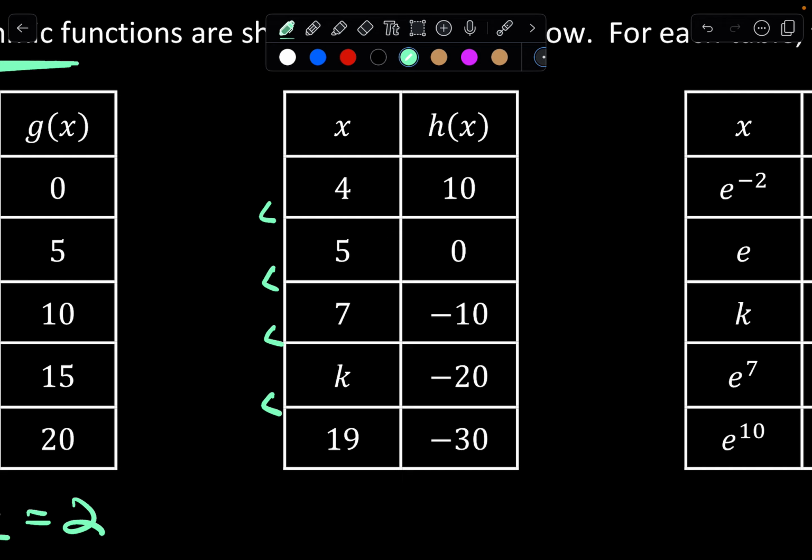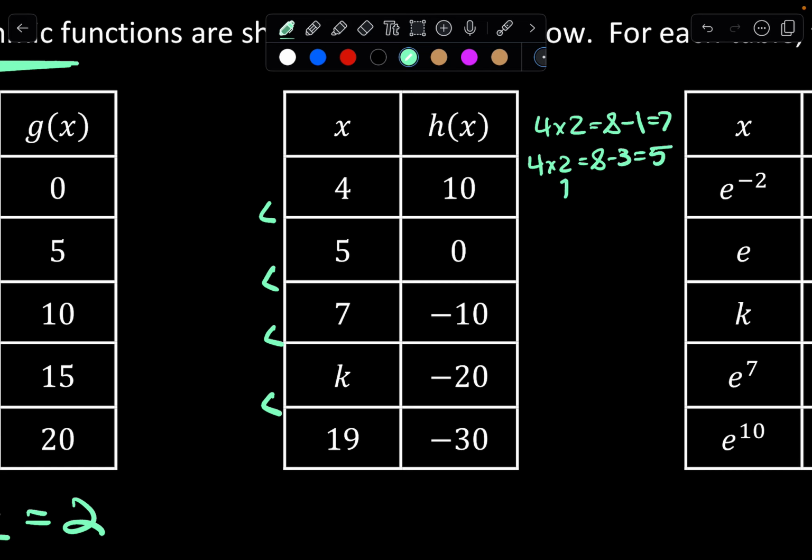So let's try multiplying by 2 and maybe subtracting 1. So I can do 4 times 2 is equal to 8. Minus 1, I get 7, okay? Now, if I want to get to 5, I can do 4 times 2 is equal to 8, and then subtract 3 to get 5.